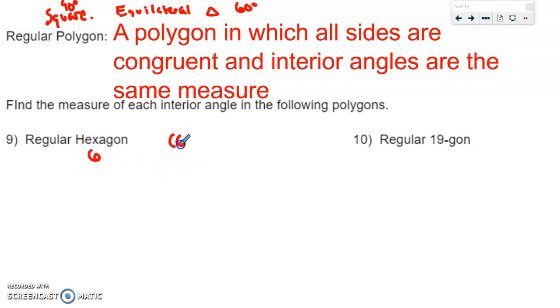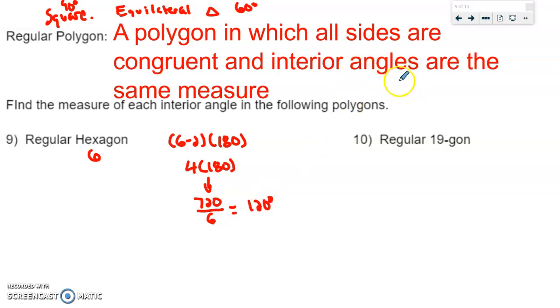So to find the number of degrees in a hexagon, I'm taking 6 minus 2 times 180, or just 4 times 180, and that is 720. Okay? And I'm just dividing this by the number of sides, because the number of sides will tell me how many degrees each one is. So if I take 720 divided by 6, that's going to be 120 degrees.